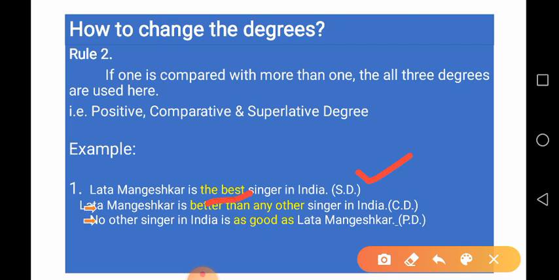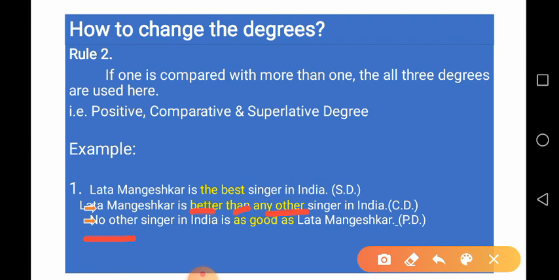A superlative degree can change into comparative and positive. While making the comparative, instead of best, we write better after than, and we add the words any other. And while making the positive degree, we start the sentence with no other.